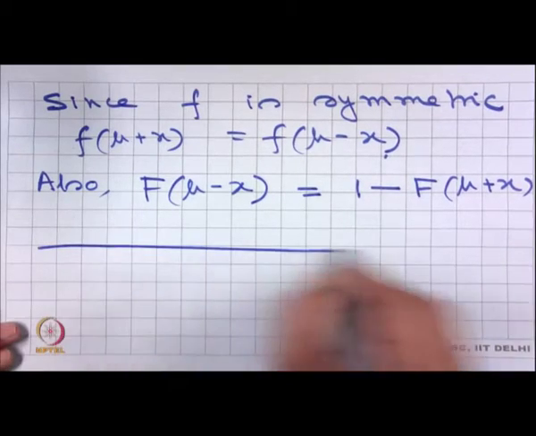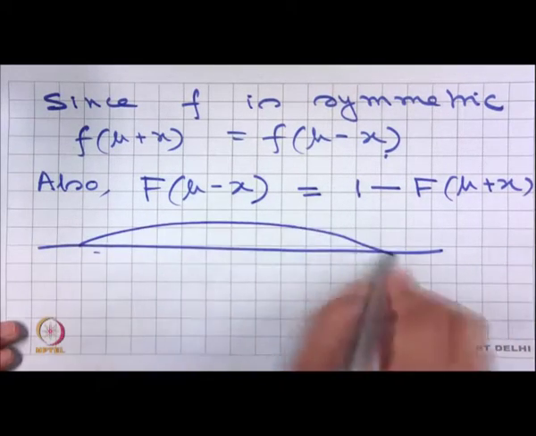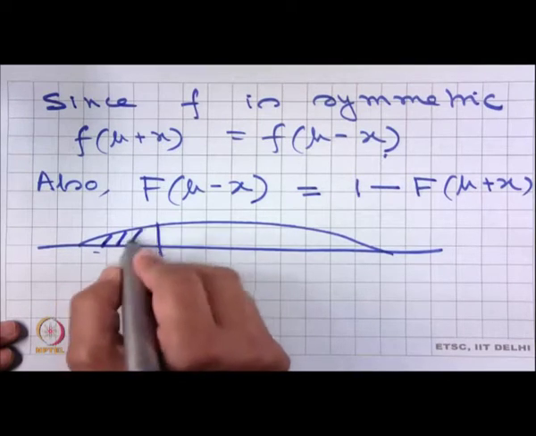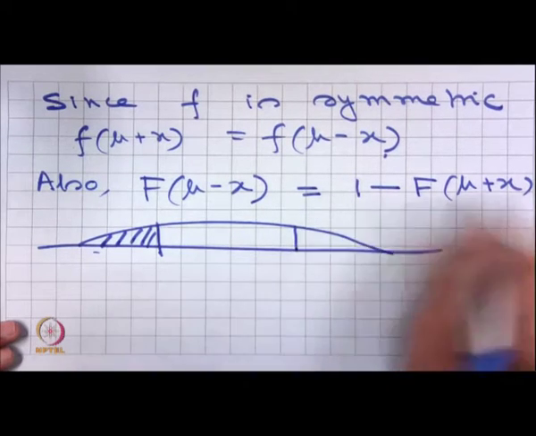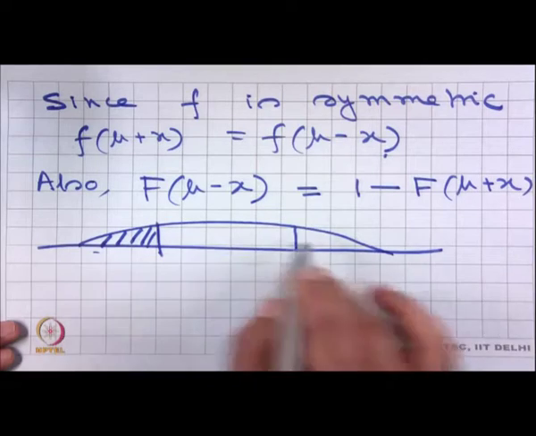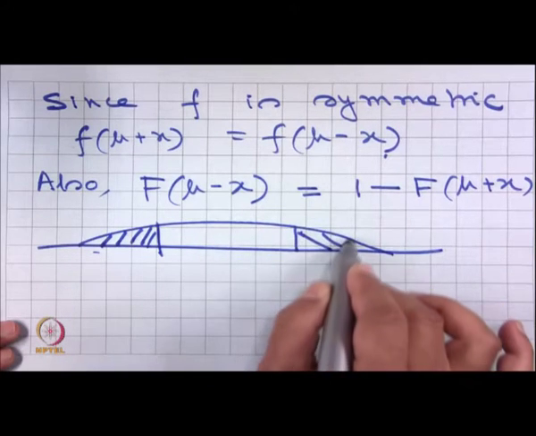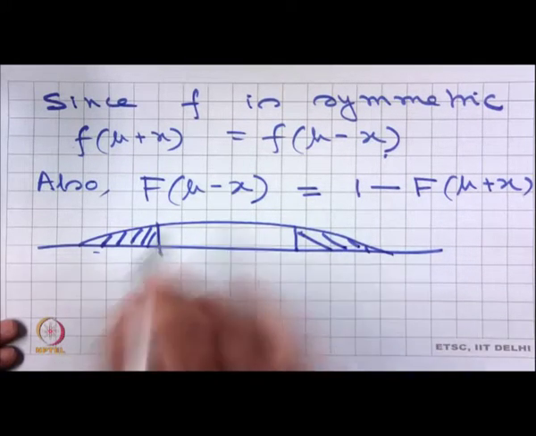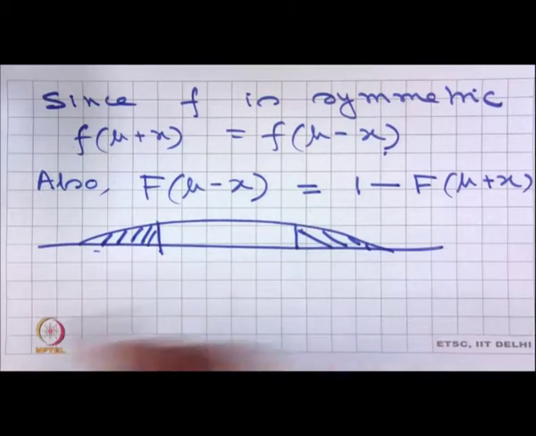That is very simple, because it is symmetric. F of mu minus x is this and f of mu plus x is this. Therefore, f of mu minus x is equal to 1 minus f of mu plus x.